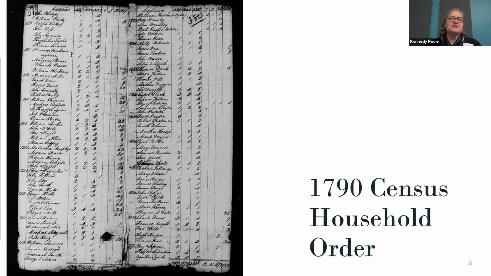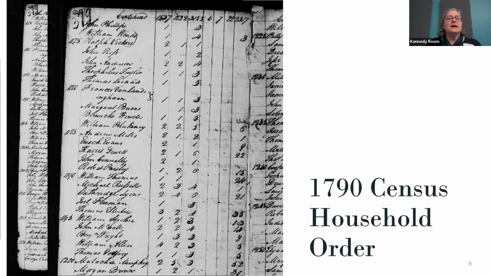So this is actually a copy where it is in household order, and you see the number of the household in the left-hand column, the name of the head of household, and some additional information about the household, as to who was there. And we'll get the breakdown on the next slide, I believe.